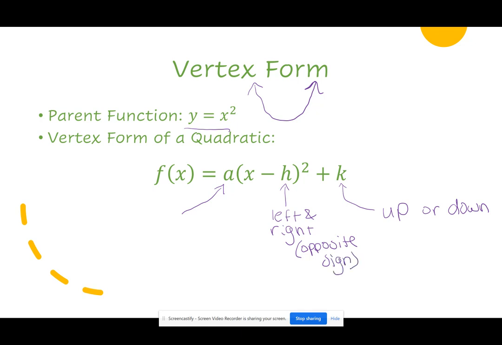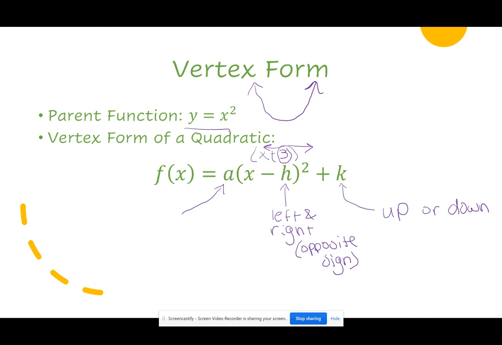So for example, if you had x minus 3, you see a minus 3 and you're automatically thinking it's going to move to the left because that's your negative side of the graph, but it's the opposite sign. So a negative moves it to the right. And if it was x plus 3, then it would move to the left 3.